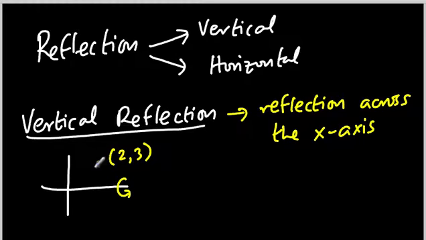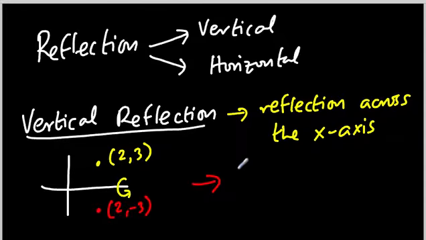For example, if this point here, (2, 3), reflects across the x-axis, the new point after it has been reflected will be, well, the x value basically stays the same, but the y value will now change to -3. So effectively, the vertical reflection affects the y's, it affects the outputs, but it doesn't change the inputs.